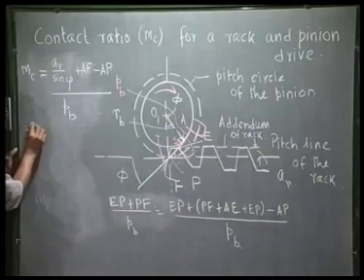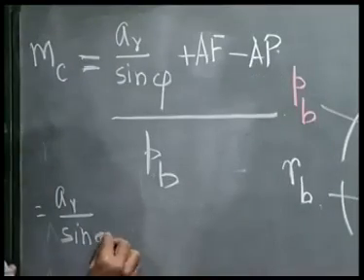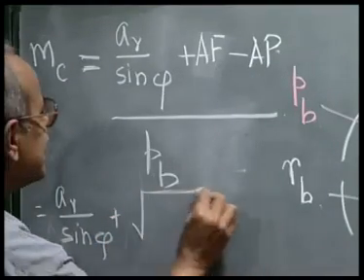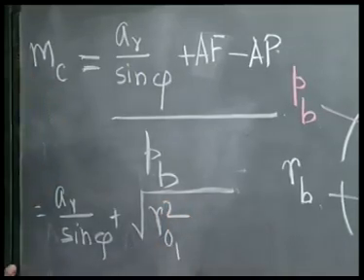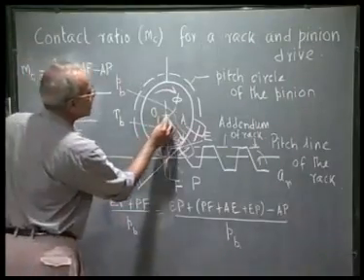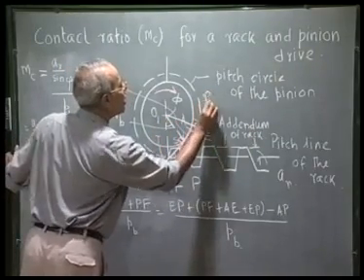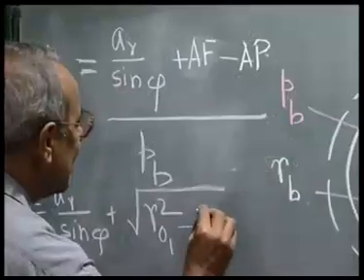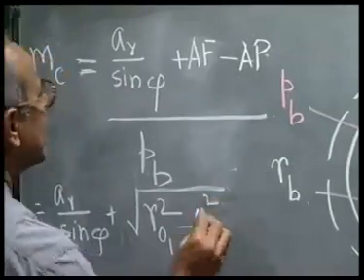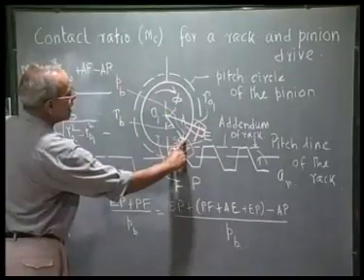So, this I get AR by sin phi plus RO1 squared, that is the outer radius of the addendum circle. This is what I call RO1, minus RB1 squared minus AP.